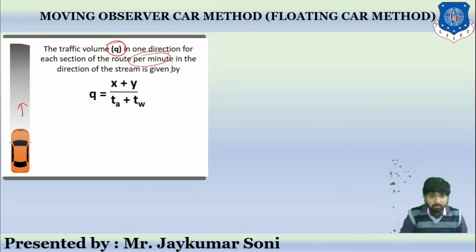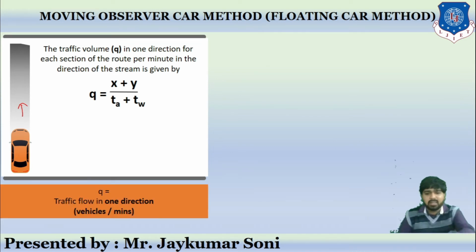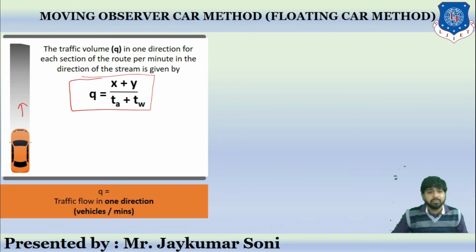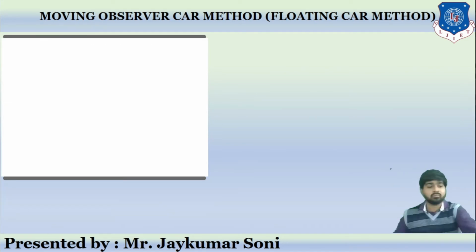You have to remember this equation because this can be asked in the exam, and there are a number of examples based on it. Here q stands for traffic flow in the direction in which we are moving.